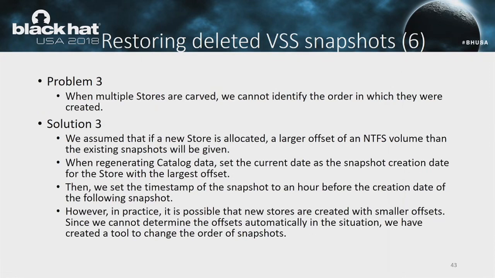Then we set the timestamp of the snapshot to an hour before the creation date of the following snapshot. However, in practice it is possible that new stores are created with smaller offsets, since we cannot determine the offsets automatically in this situation. We have created a tool to change the order of snapshots.